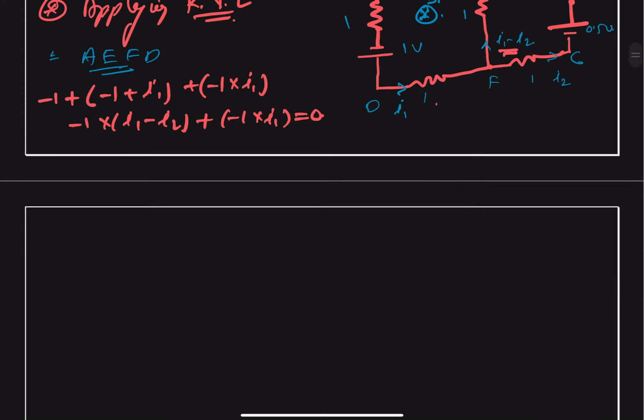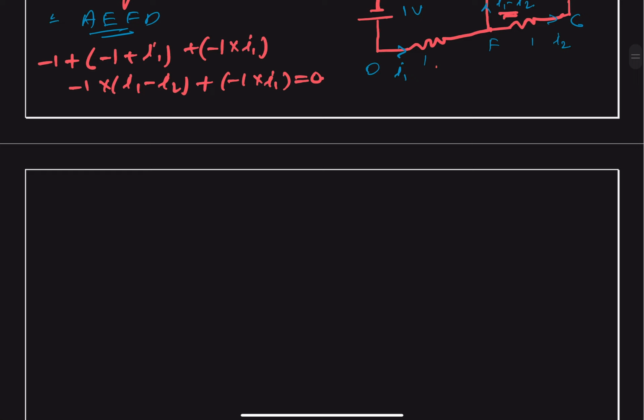So this gives us equation 1, which is 4I1 minus I2 is equal to 1. Let this be equation number 1.